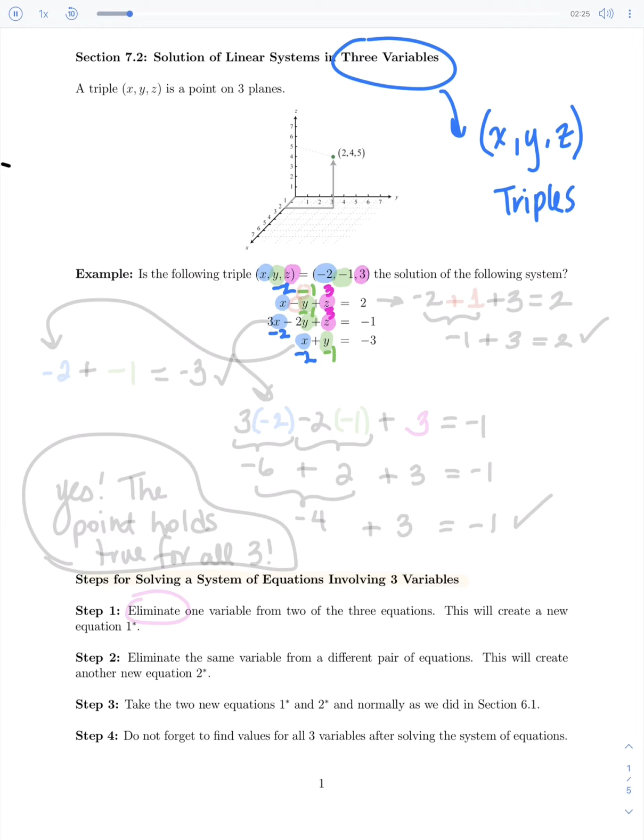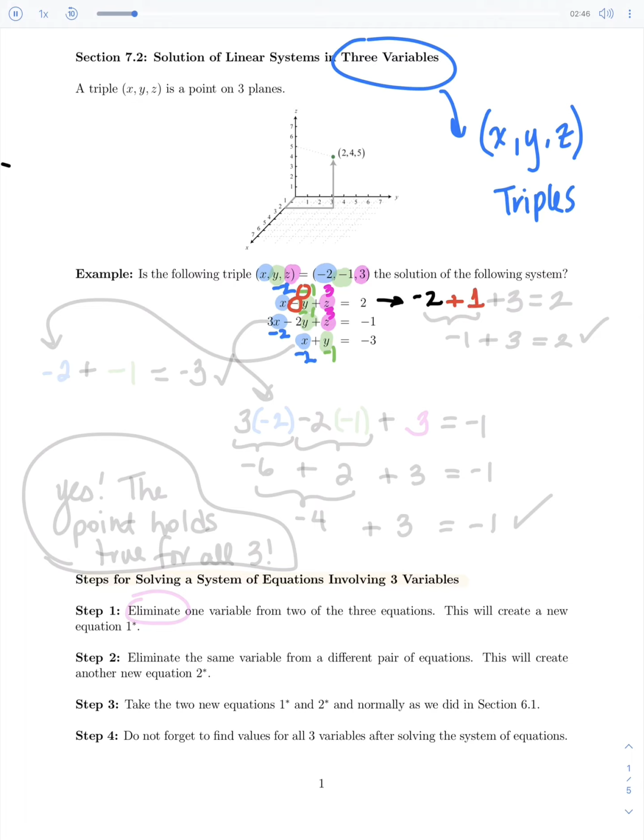So let's take a look at our first equation. On our first equation, notice we have a -2. And then be careful. We had a minus a -1 when we plugged in our -1 for the y. That would give us a +1.